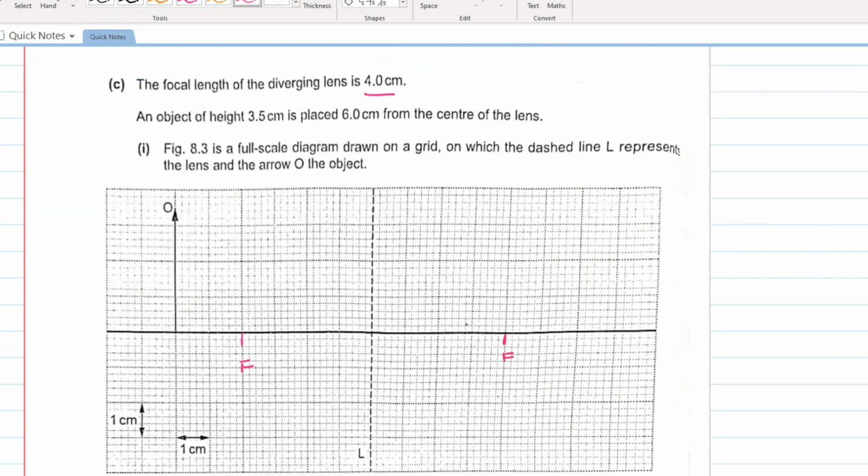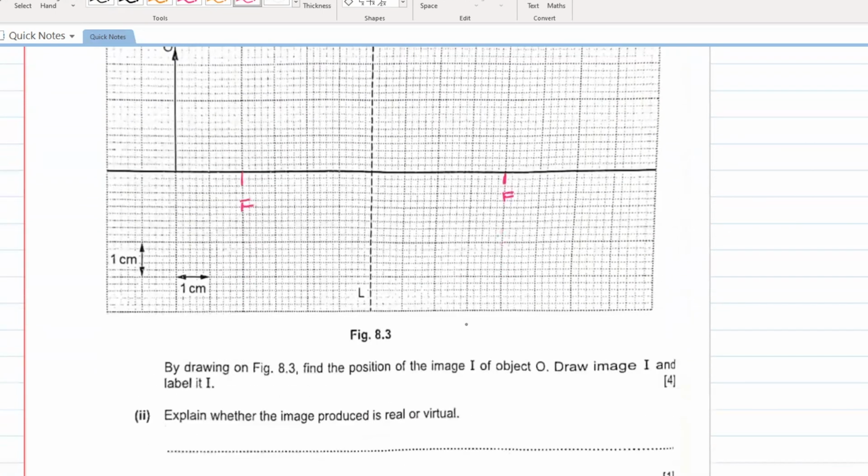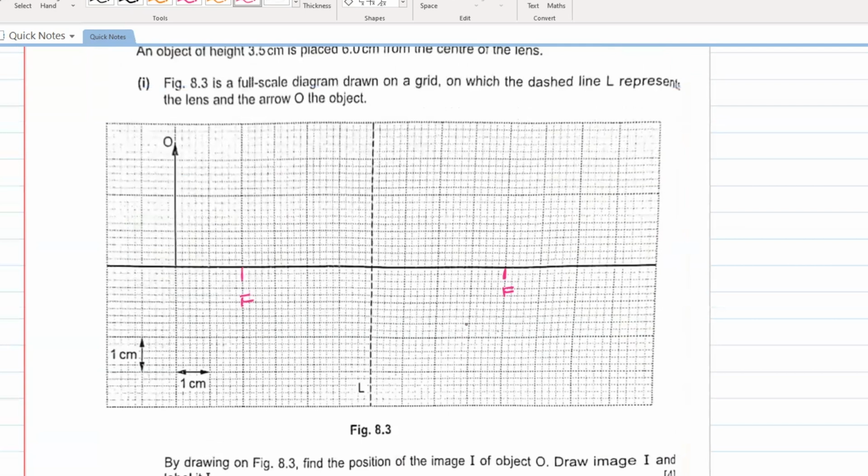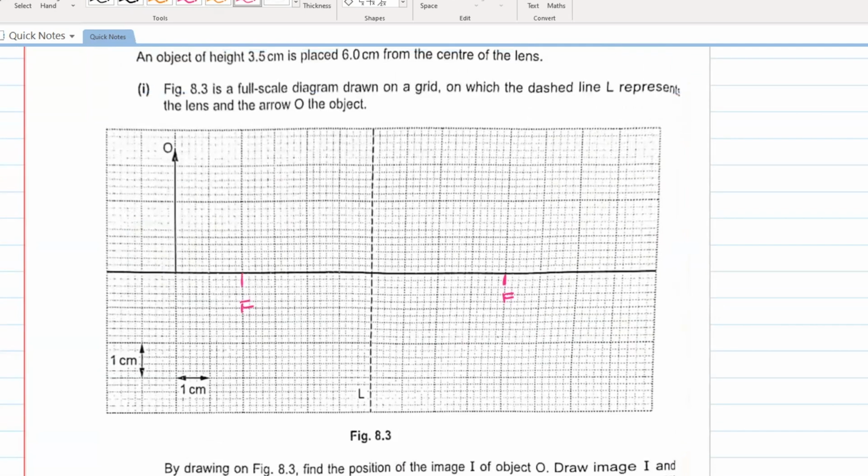What do we have to do? By drawing on figure 8.3, find the position of the image, draw the image and label it as I. Okay, as we have done in every ray diagram, what will we do? First ray passes through the optical center like this. Second ray is parallel to the principal axis. One second.